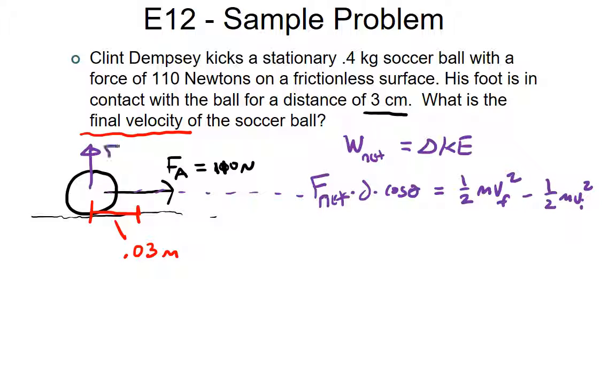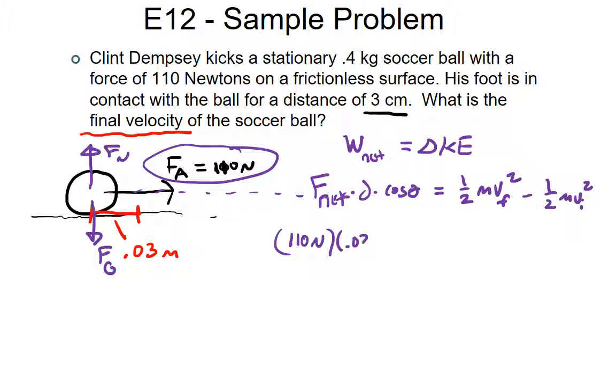We have the normal force and gravity, which are balanced out, and then the applied force is really the only unbalanced force. So that's our net force here. We have 110 newtons. Our displacement is only 0.03 meters. The displacement's to the right and the net force is to the right, so cosine of 0 degrees. And then 1/2, we have the mass, which is 0.4, times the final speed squared, which is what we're looking for, and then it's starting from rest, so this is 0.